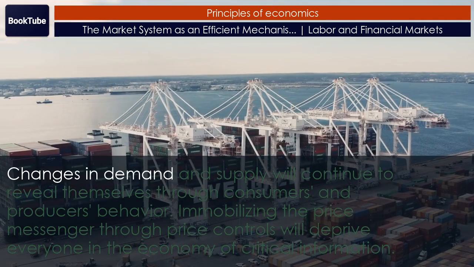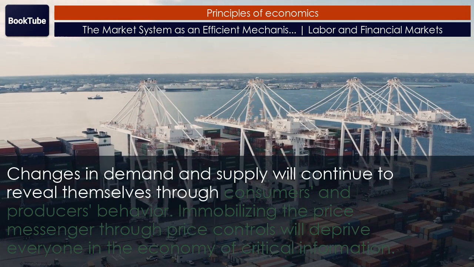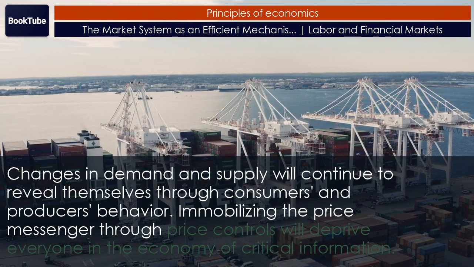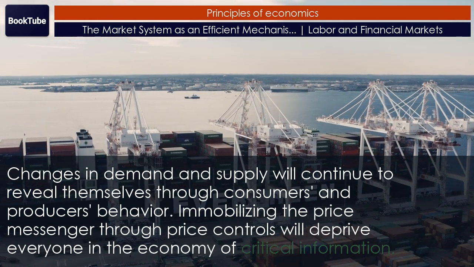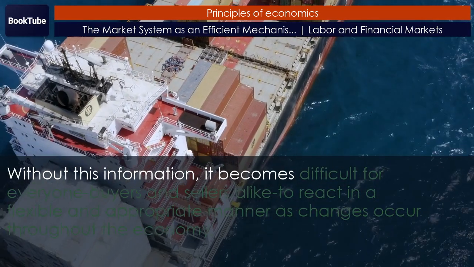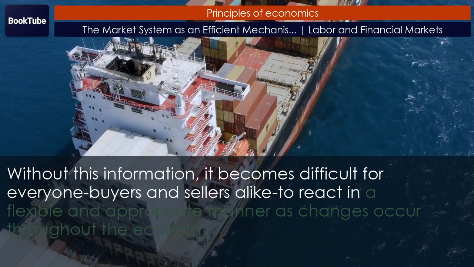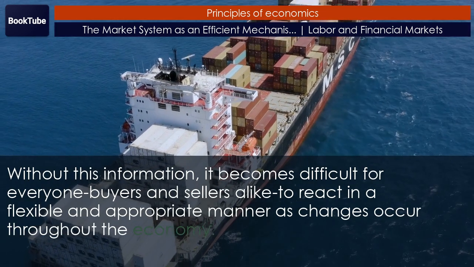Changes in demand and supply will continue to reveal themselves through consumers' and producers' behavior. Immobilizing the price messenger through price controls will deprive everyone in the economy of critical information. Without this information, it becomes difficult for everyone, buyers and sellers alike, to react in a flexible and appropriate manner as changes occur throughout the economy.